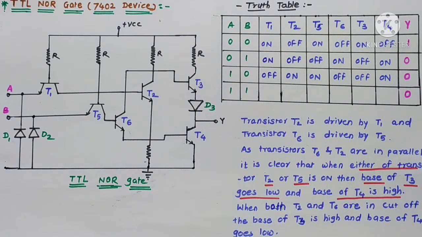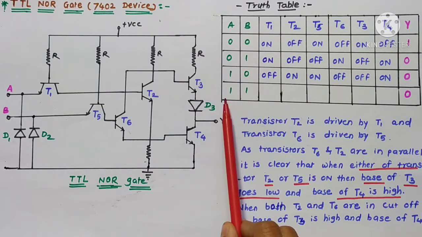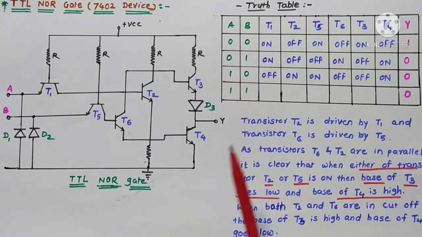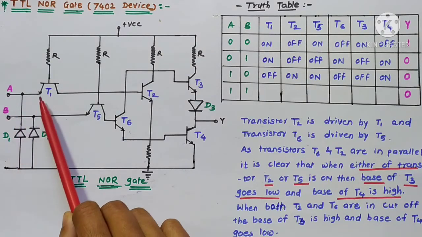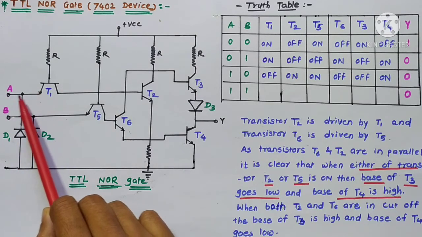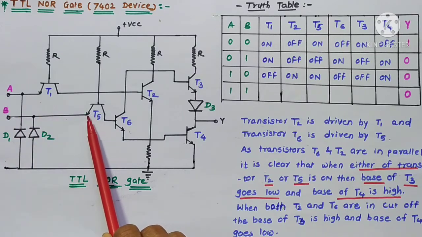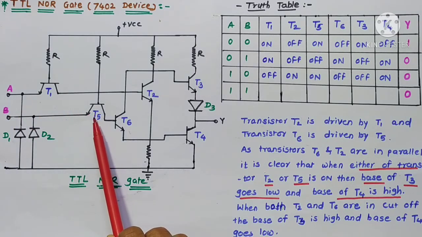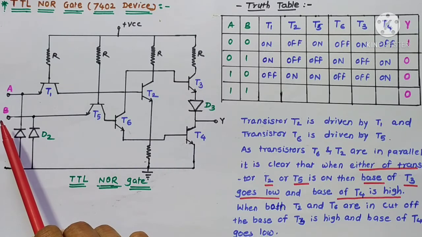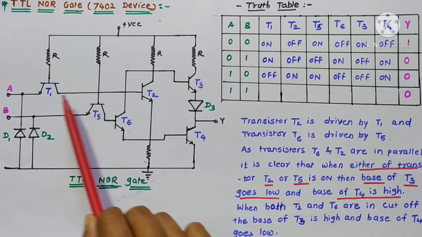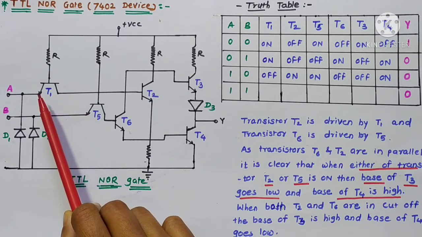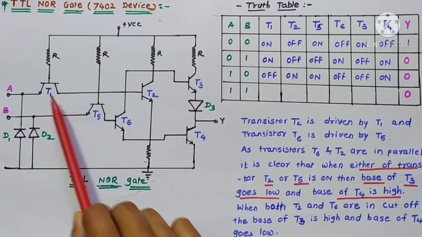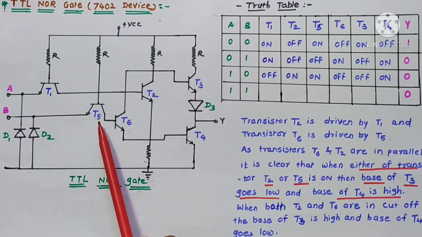Okay students, now let us check for this fourth and last case. In the last case, when A is equal to 1, B is equal to 1, the emitter of this transistor is at high, and in the similar way, the T5 emitter is at high. So, both the transistors T1 and T5 become cut off.